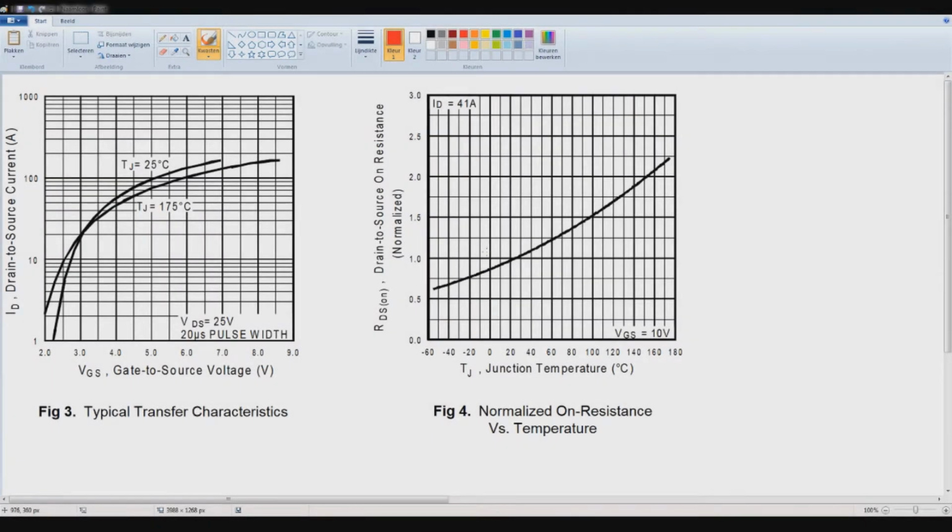So next is the typical transfer characteristics, and it is displayed as the drain to source current versus the gate to source voltage.